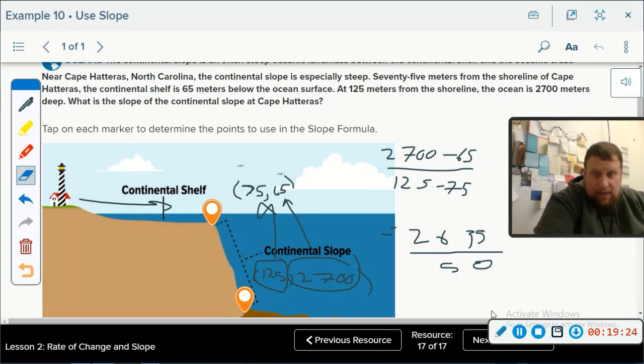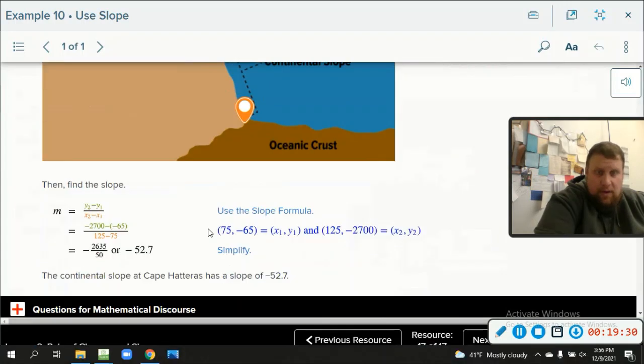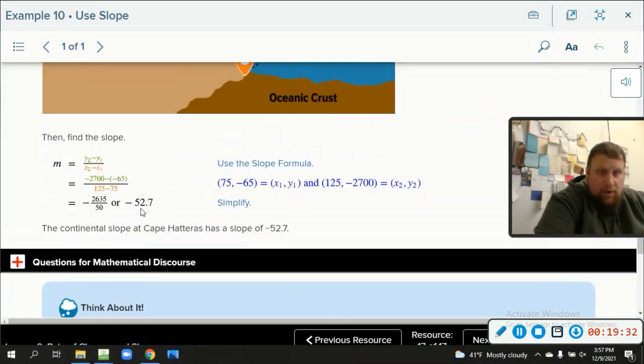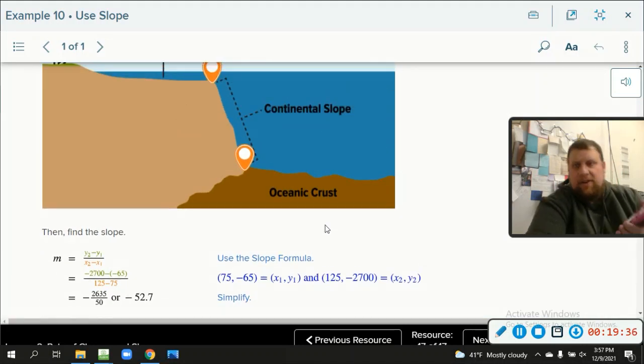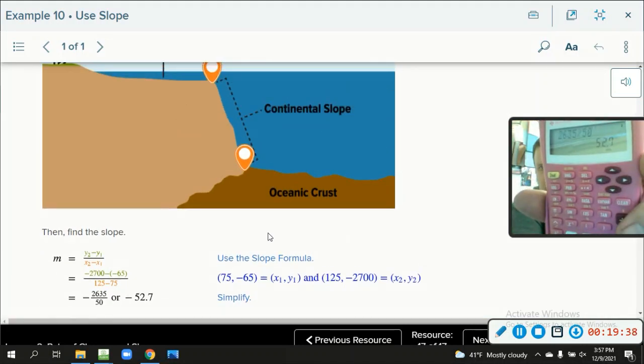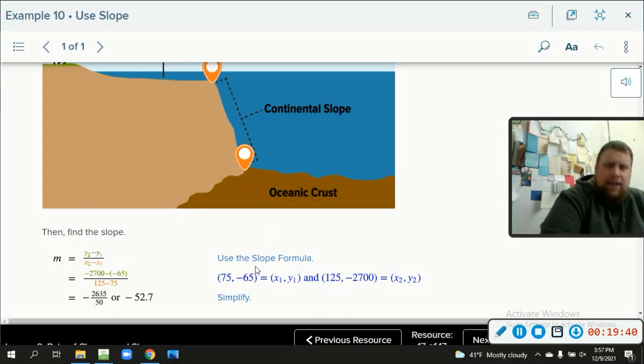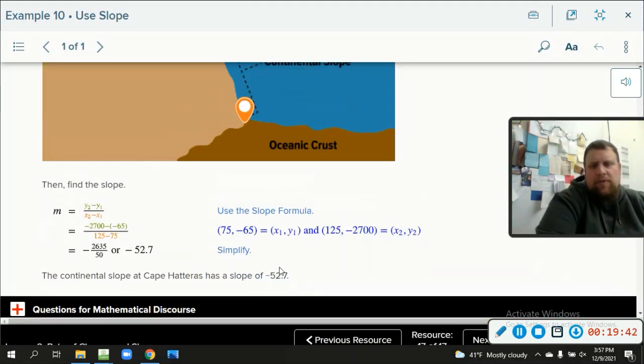And so that gets us slope of 52.7. Oh, I had it right down here. Look at that, my calculator said 52.7. Just so you know, I wasn't making it up down here. So we have a slope of 52.7.